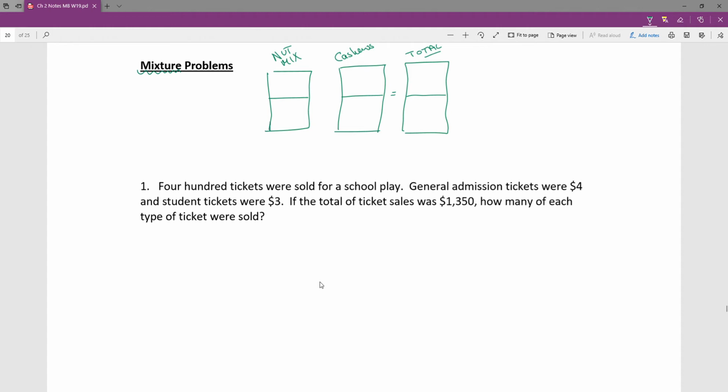So when we sort our information in these kinds of questions, we're going to talk about the amount or the number of things, and we're also going to talk about the value of them. So mixed nuts are, let's just say they're $2 a pound, and cashews, let's just say they're $3 a pound.